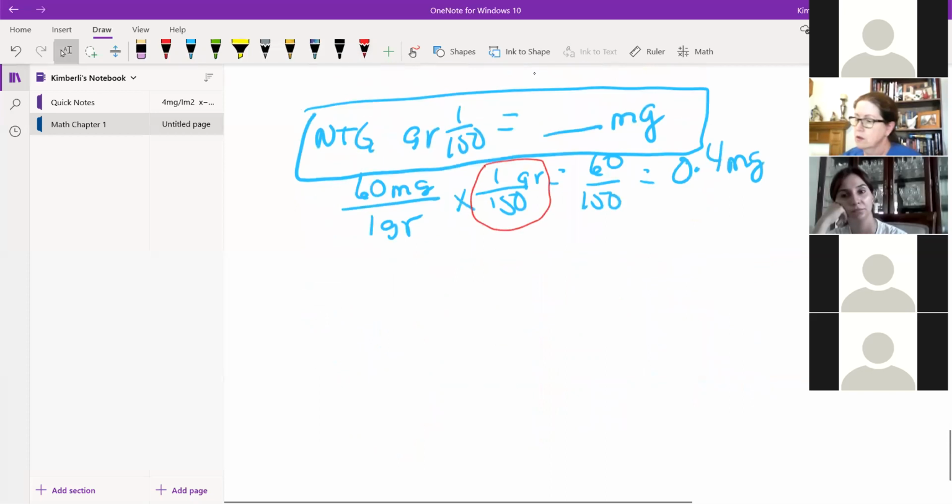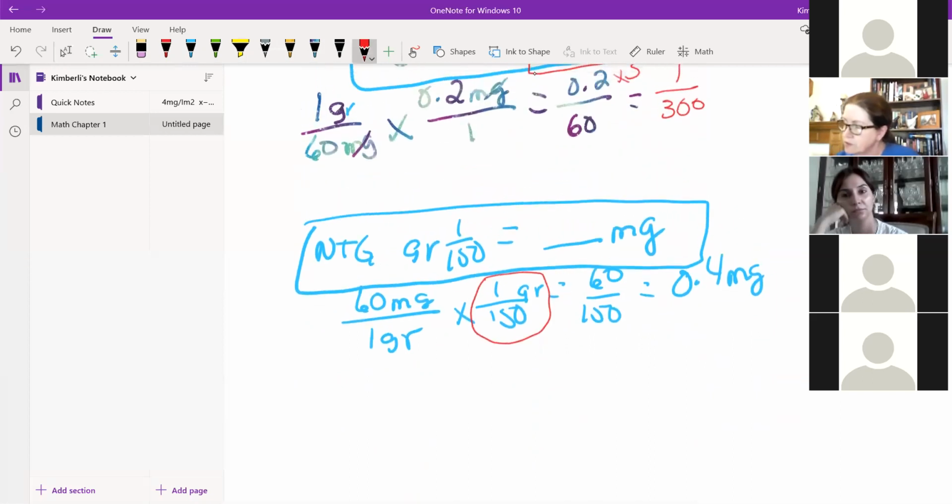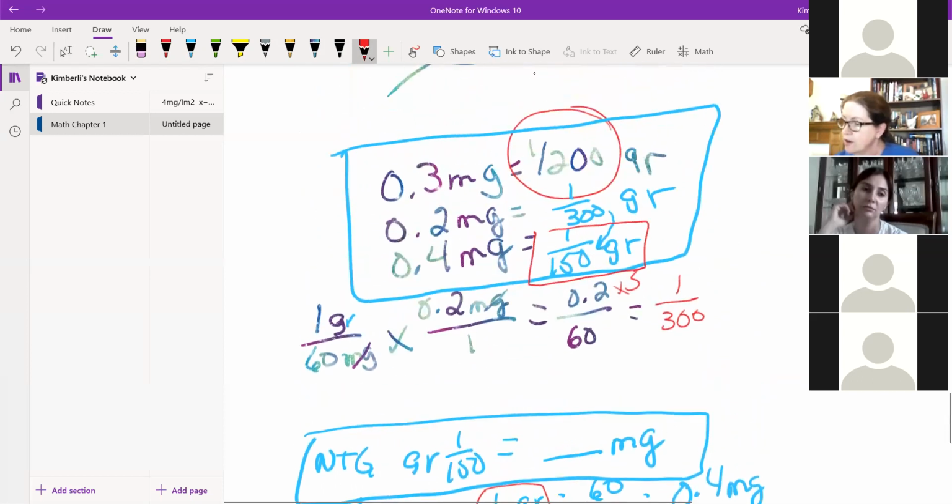So the smaller the milligrams, the higher the strength? Yes, the smaller the number on the bottom, the higher the strength. So 0.4 is going to be 1/150. 0.3 is 1/200, and 0.2 is 1/300.